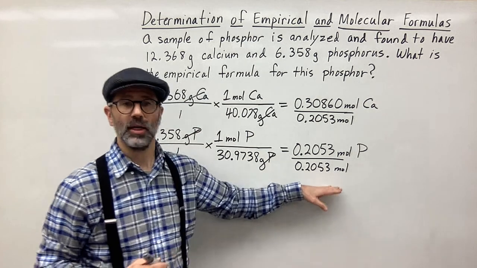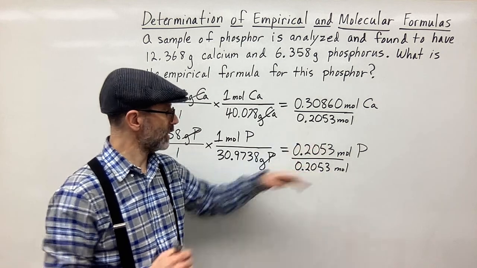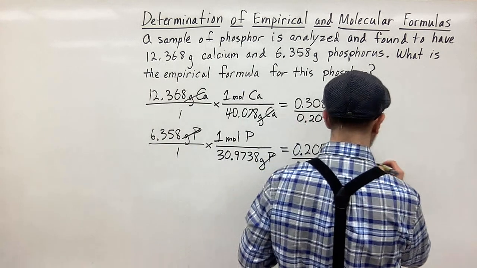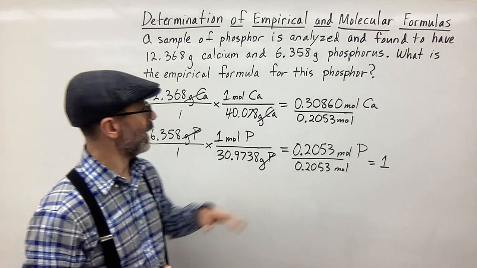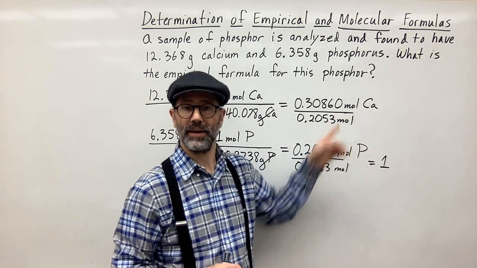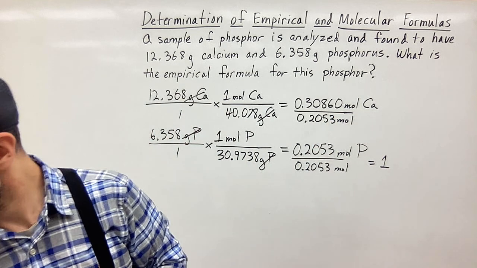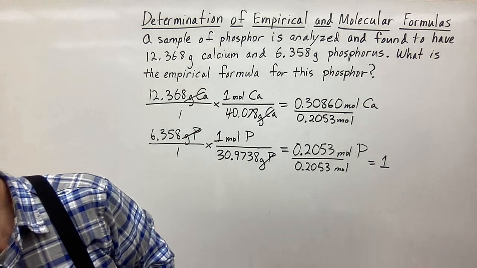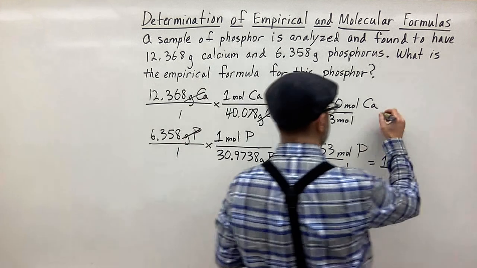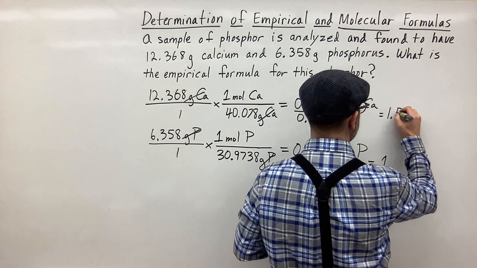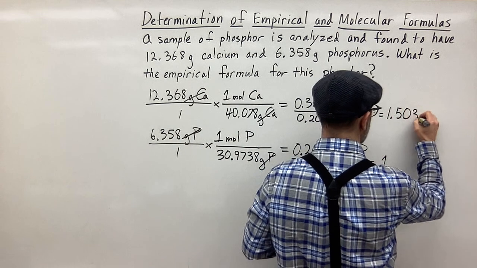And of course, when I divide this by itself, that gives me a 1. And when I divide that, that gives me, let me double check, 1.503. So this is going to be 1.503.